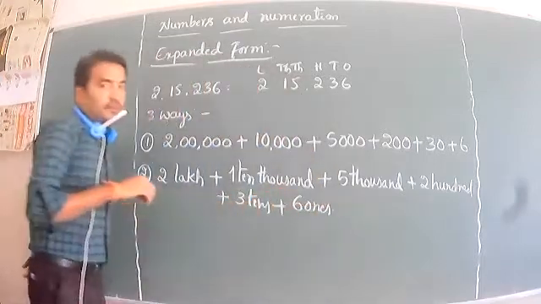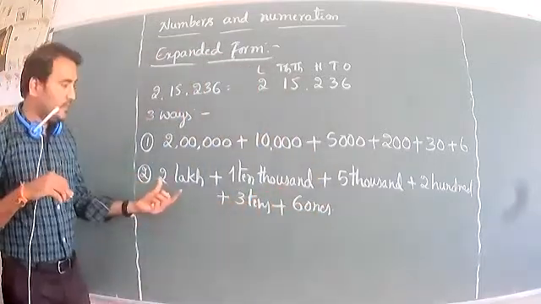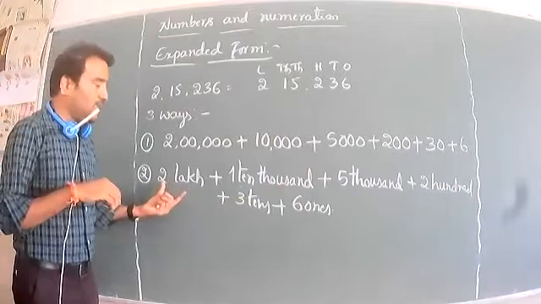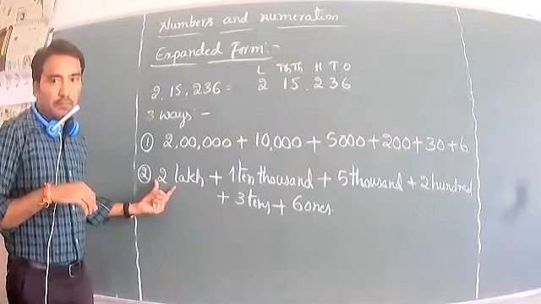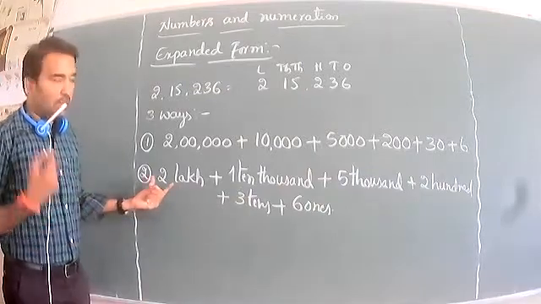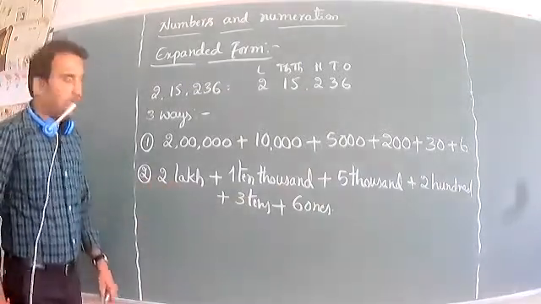This is the sentence, and the places should be written in words along with the numbers. That is the second way.